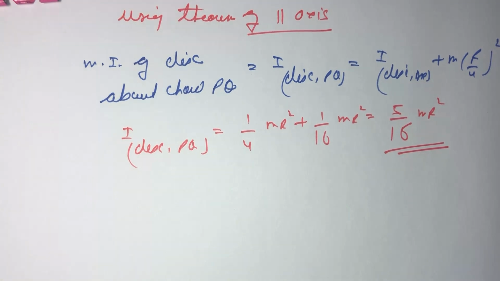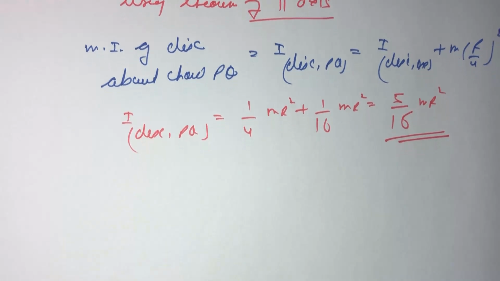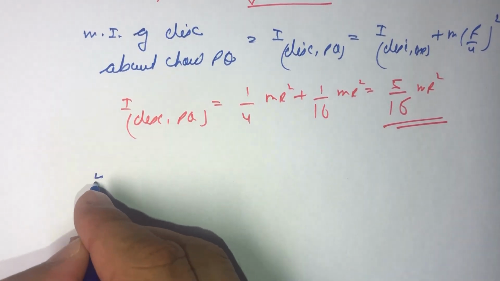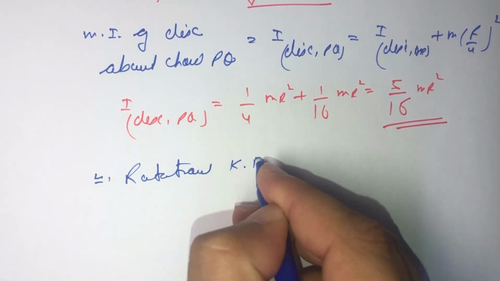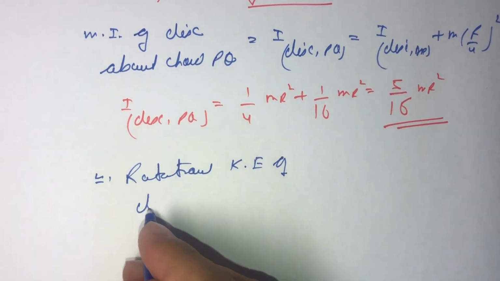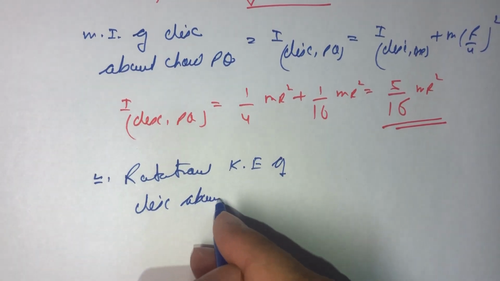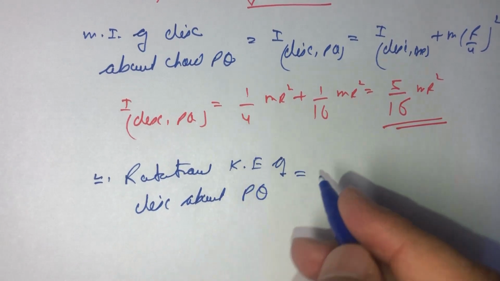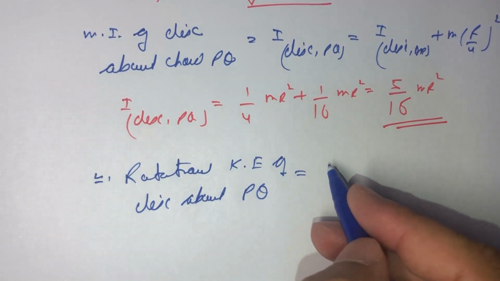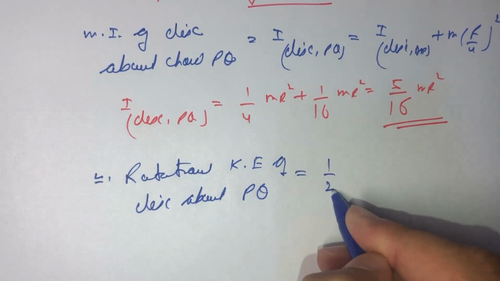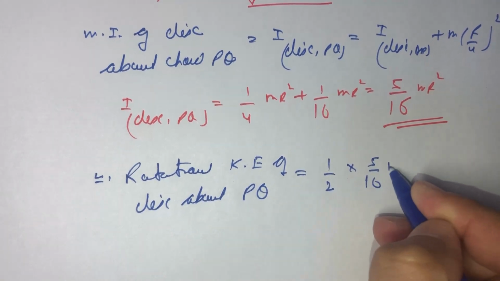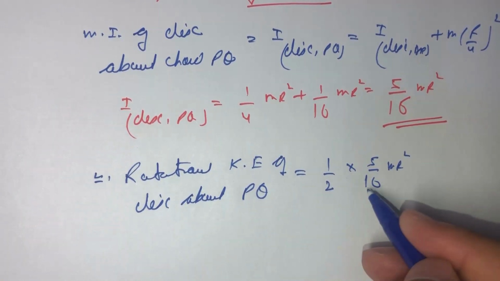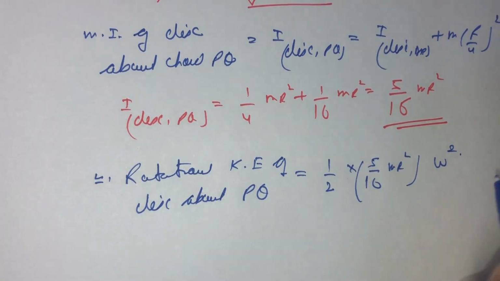So therefore we can write that the rotational kinetic energy of the disk about PQ will be equal to, this is the formula we already know, half multiplied with the moment of inertia 5 upon 16 mr square and omega square.